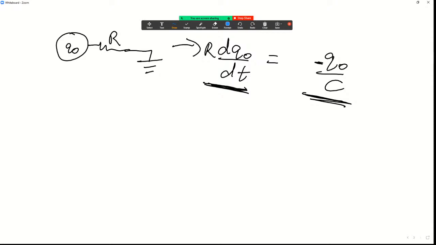Then we proceed with a similar differential equation, and instead of Q naught it would be Q(t).